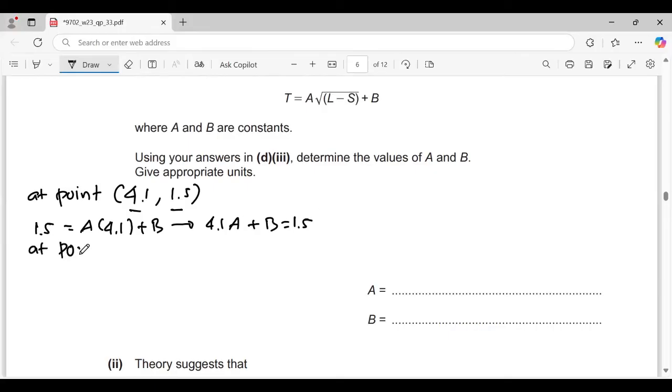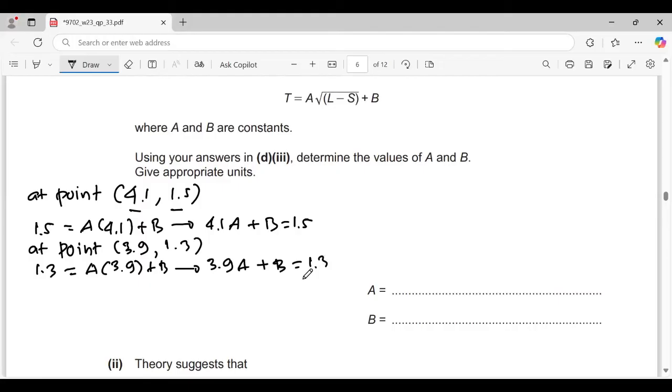And at point 3.9 and 1.3, this equation becomes 1.3 equals A times 3.9 plus B. It becomes 3.9A plus B equals 1.3.